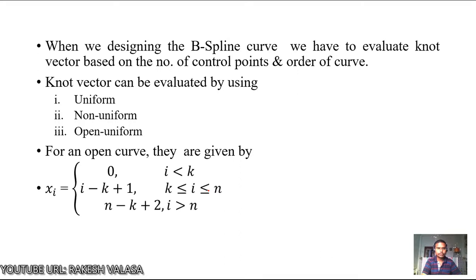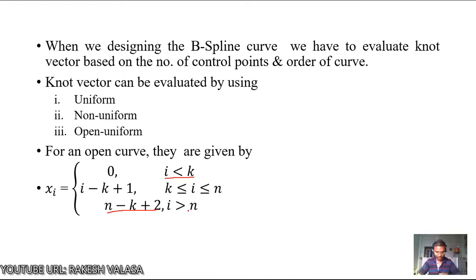xi equals 0 when i is less than k. xi equals i minus k plus 1 when i lies between k and n, that means k less than or equal to i less than or equal to n. xi equals n minus k plus 2 where i is greater than n.